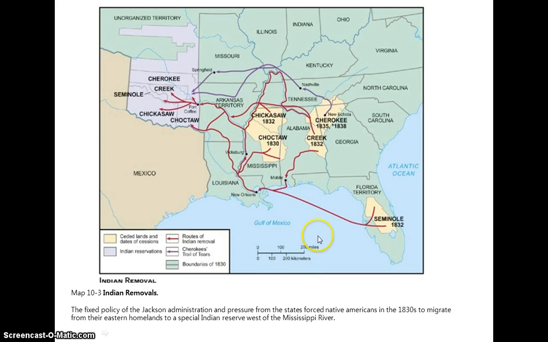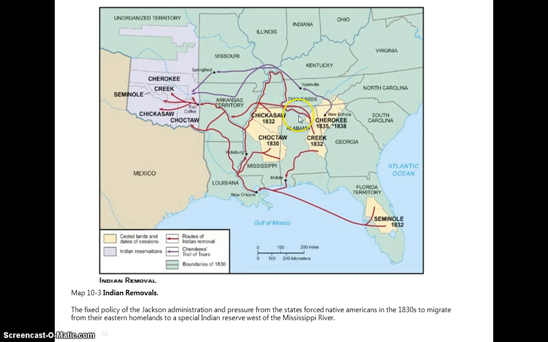Alright, so next slide. This is the map of the Indian removals. This was directly from the textbook. So from Georgia, Alabama, and Florida, from east to middle east, they had to move.